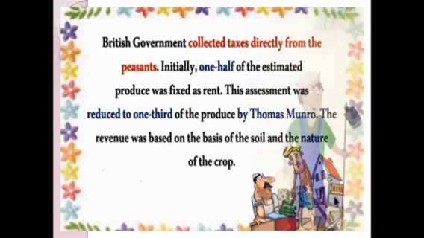Then, the revenue was based on the soil and the nature of the crop, which means the tax was imposed on the basis of the soil and the nature of the crop.